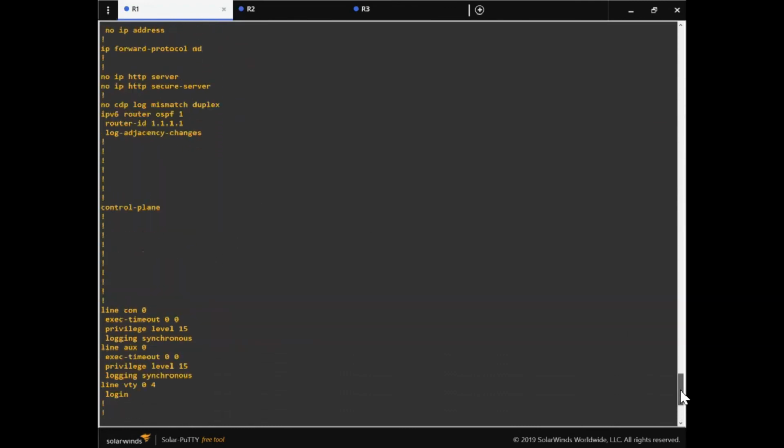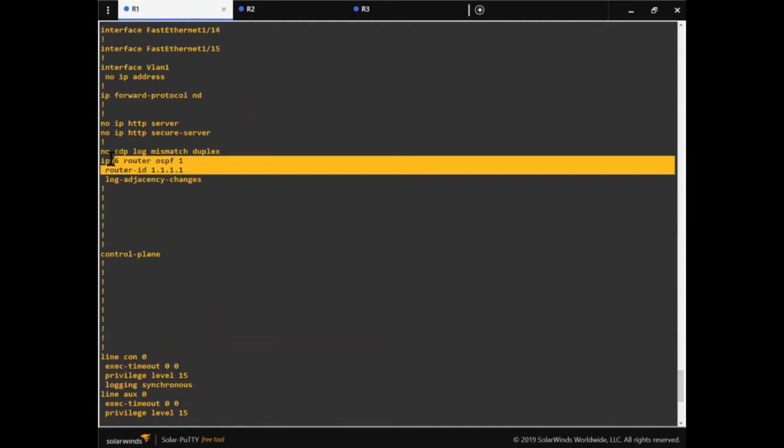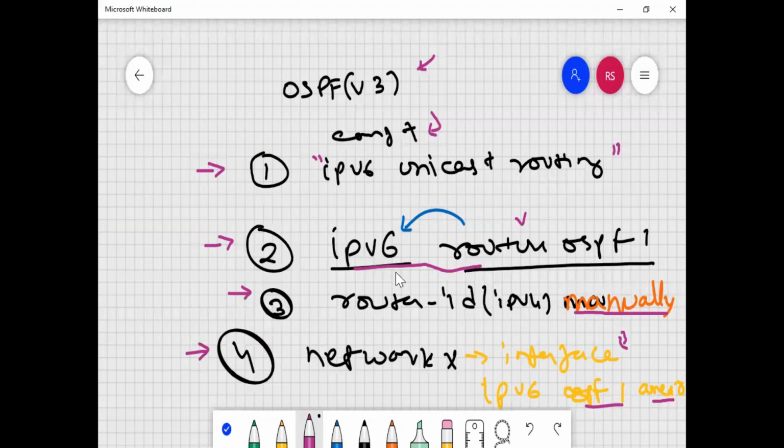If you see over here, I just provided the router ID, nothing else. If you recheck this diagram and these steps, you would be able to understand that here I am configuring the IPv6 router, only the router ID.